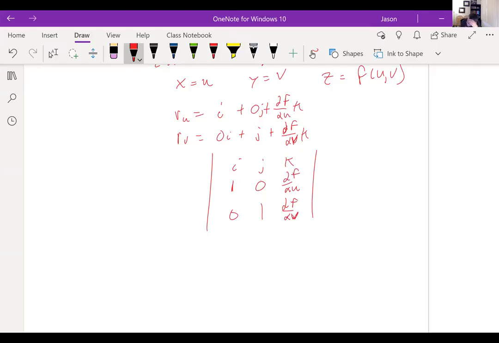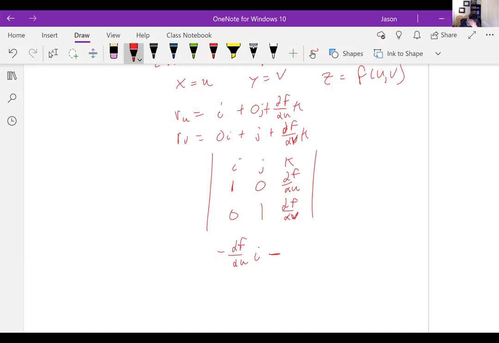Okay, so when we do i, we're going to get negative df du, so negative df du i, right? Minus, what's this one going to become? This is going to be negative df dv.